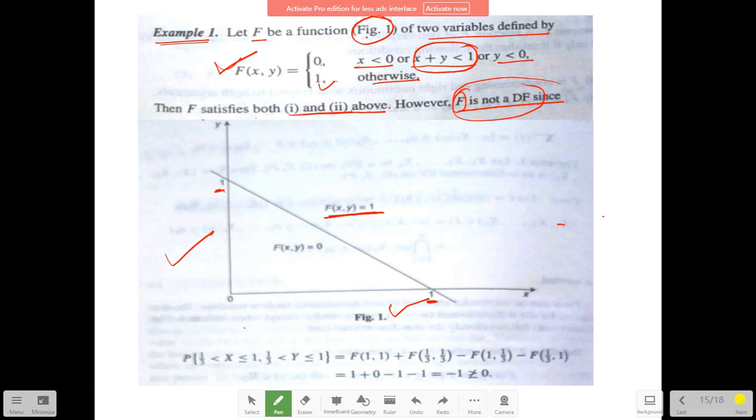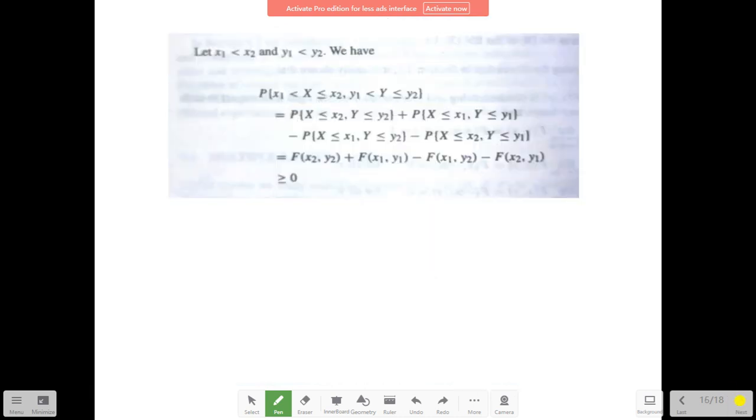Using this concept: when x1 is less than or equal to x2 and y1 is less than y2, then the probability that random variable x is greater than x1 but less than or equal to x2, and random variable y is greater than y1 but less than or equal to y2, is equal to probability of x less than or equal to x2, y less than or equal to y2, plus probability of x less than or equal to x1 and y less than or equal to y1, minus probability of x less than or equal to x1, y less than or equal to y2, minus probability of capital X less than or equal to x2 and y less than or equal to y1.